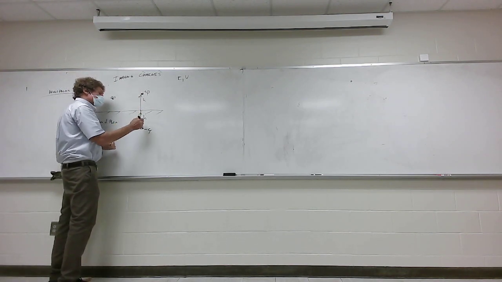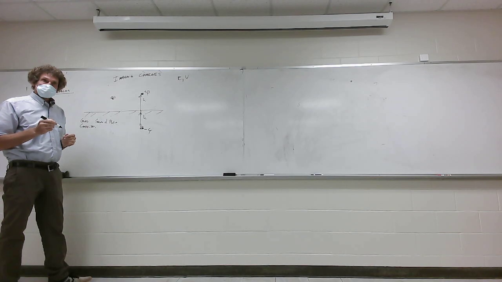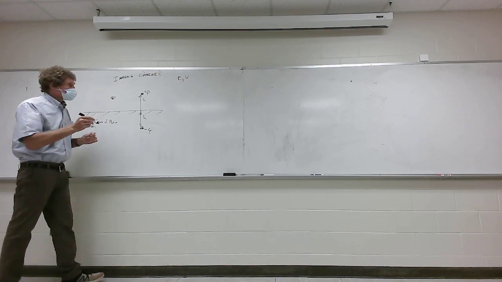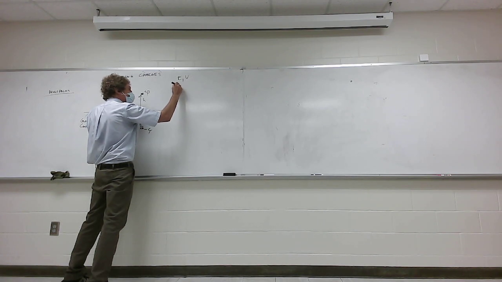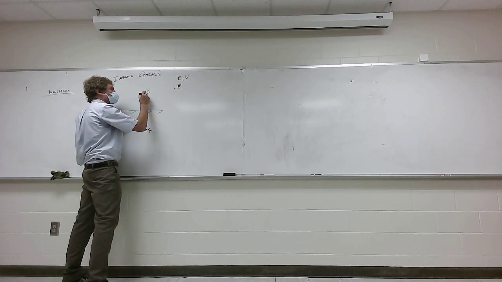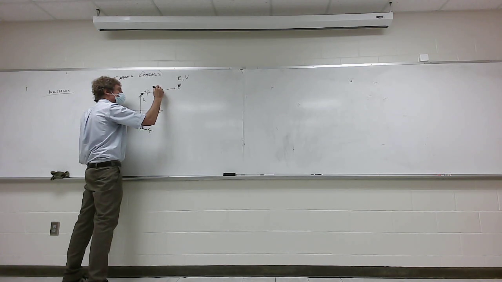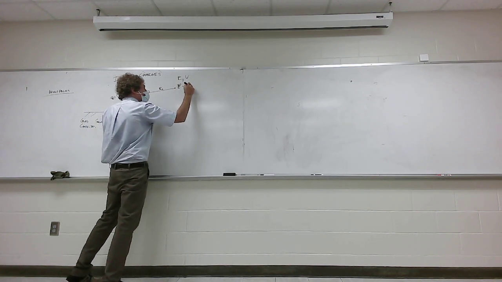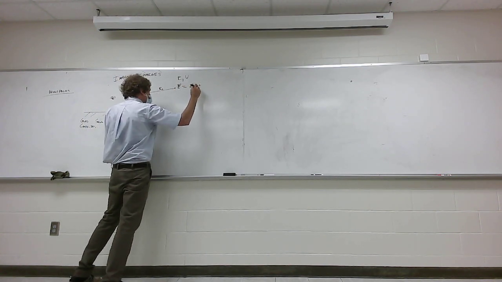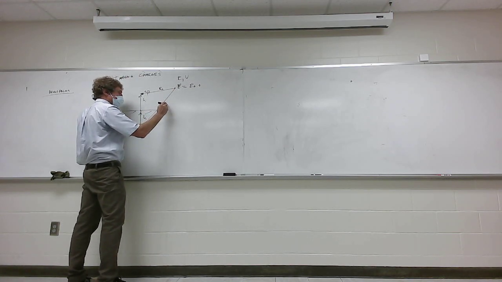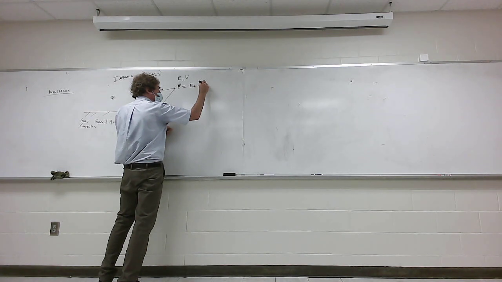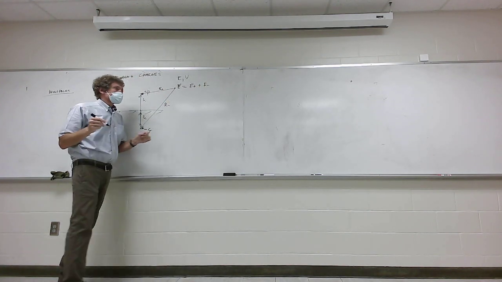So whatever was positive becomes negative. And then you say, if I wanted, say, the electric field here, you would find the electric field from the plus charge, and you would add it to the electric field from this negative charge. This would be R negative. And you get the total electric field.